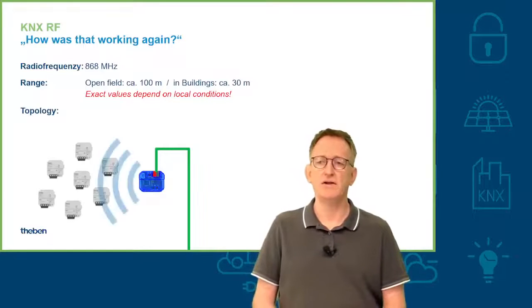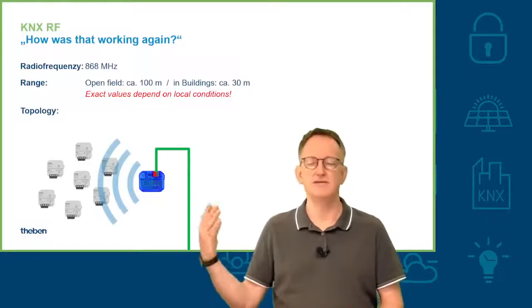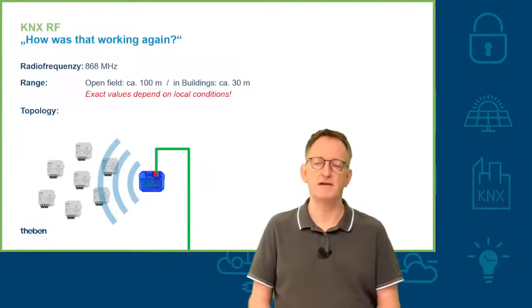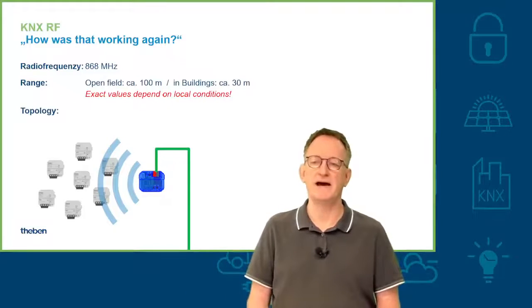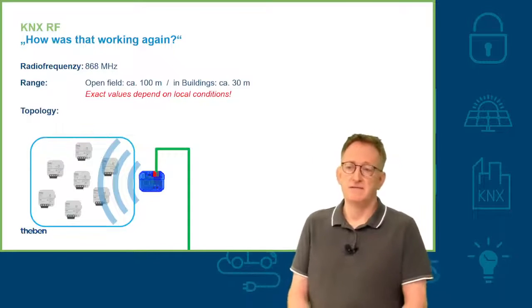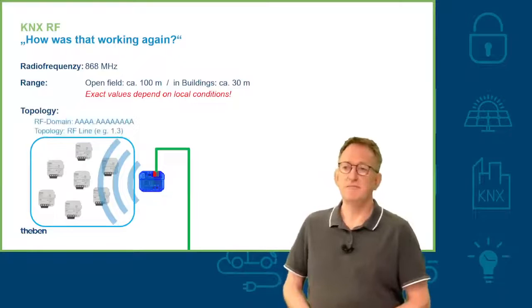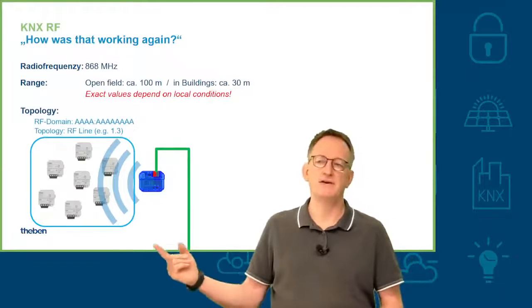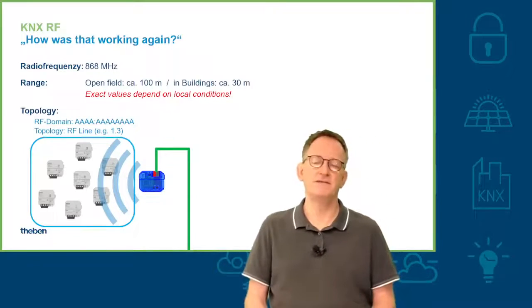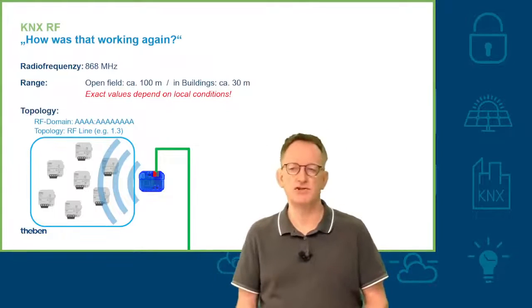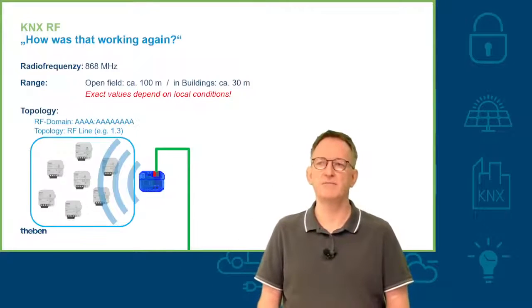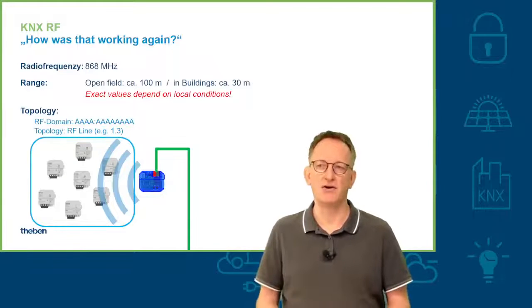All of these devices are assigned to that media coupler, and they communicate via RF in both directions. Very important, all the devices which are assigned to that media coupler belong to one specific, unique RF domain.